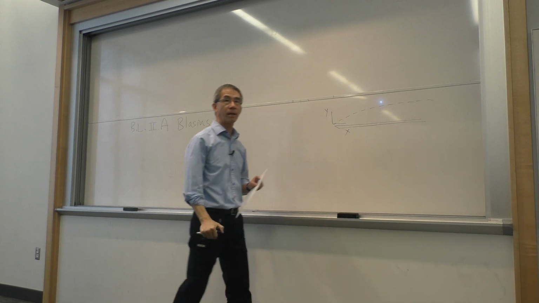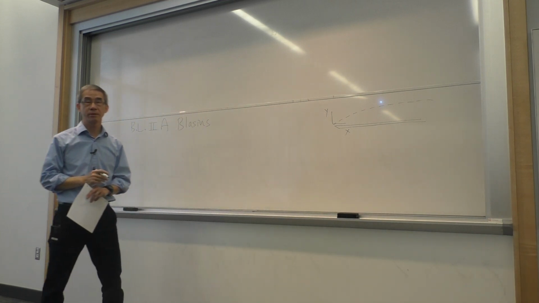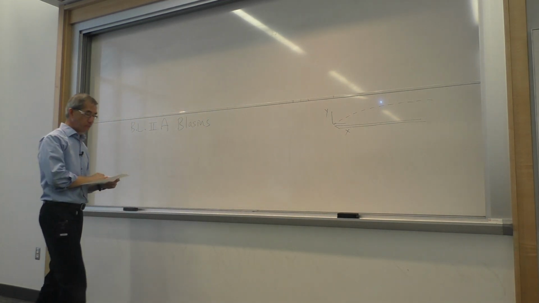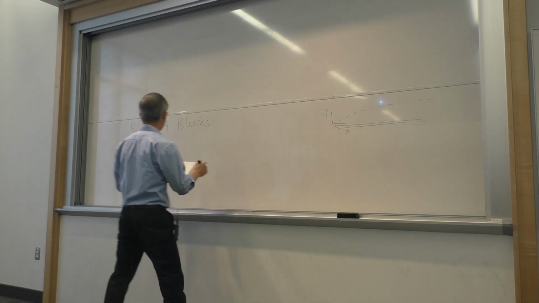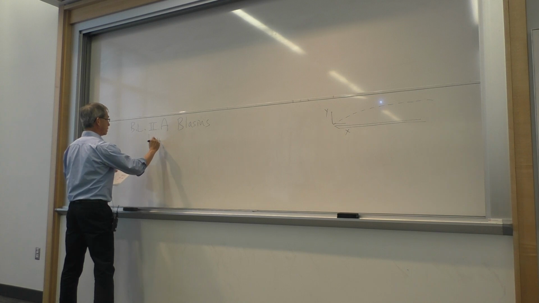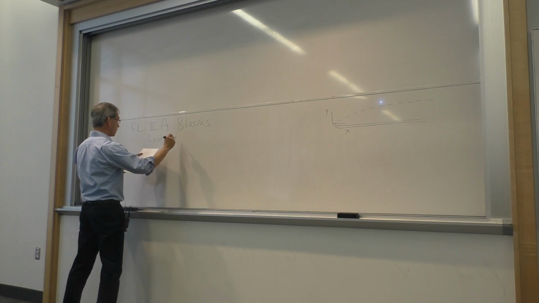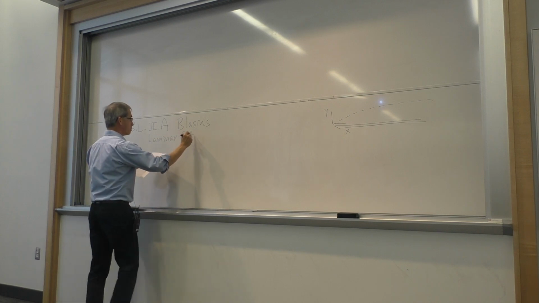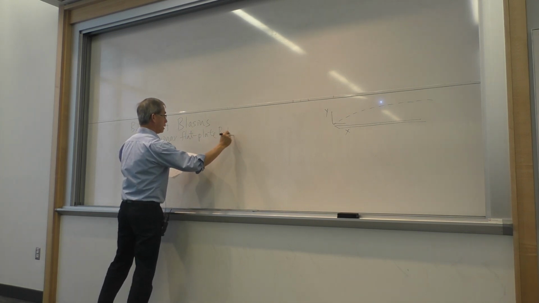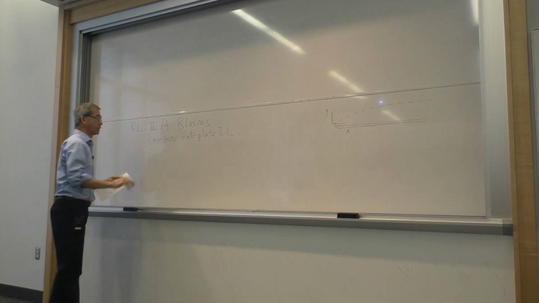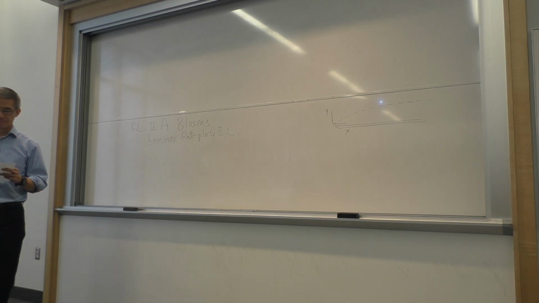So everything was done by slide rule, if you know what that is, or pencil and paper. And what we are asked to look at is now always laminar, because turbulent requires alteration of the Navier-Stokes equation. And we are looking at the laminar boundary layer on a plate, an infinite plate.